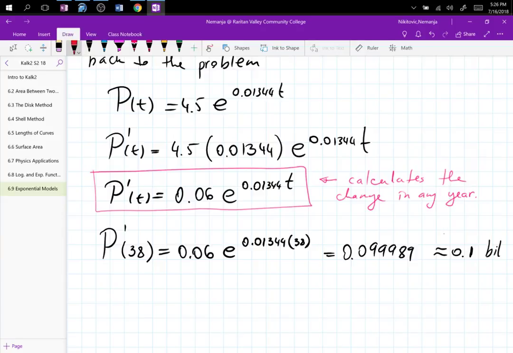So I'm going to point there and say we will add 100 million in 2018. That's births minus deaths, right? So yeah, that's that. Okay.